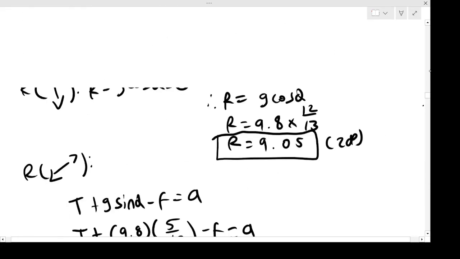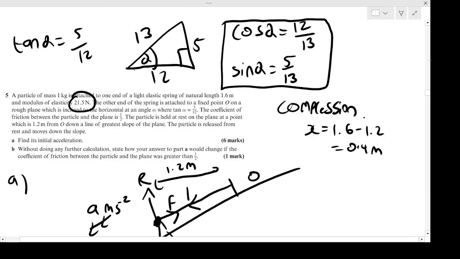Now x is the compression, which we discussed was 0.4.